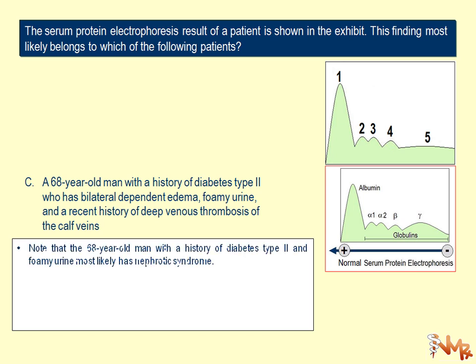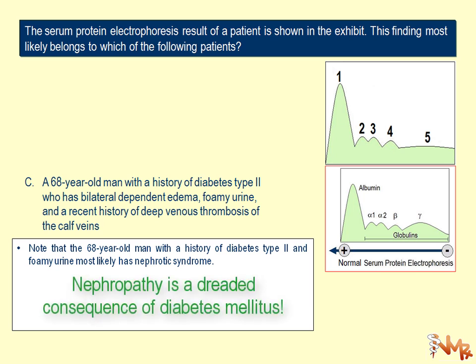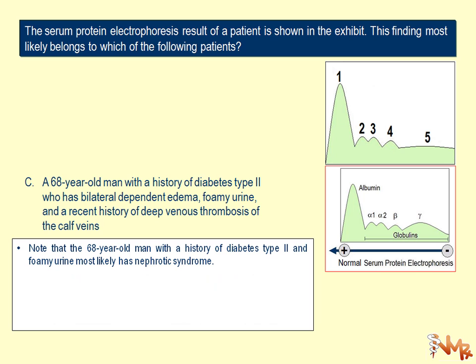Just to know, patients most likely with foamy urine tells us that the patient must have gotten to the point of later stages of nephrotic syndrome, because diabetic nephropathy is one of the most dreaded consequences of diabetes mellitus. So that foamy urine is an indication.